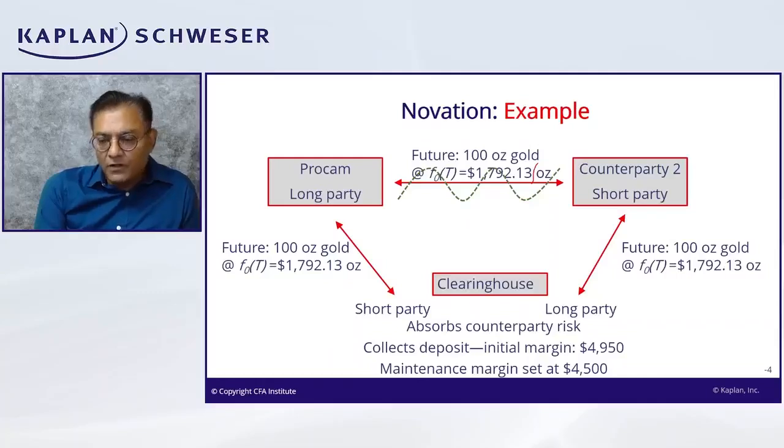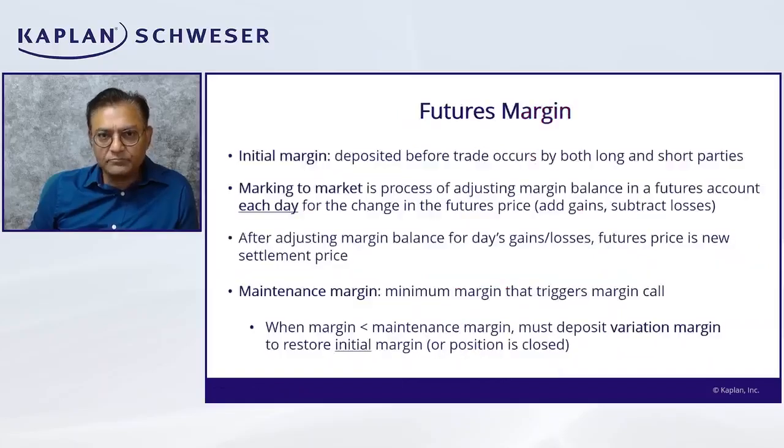If the margin falls below 4,500, then there is an additional deposit needed, depending on how much it falls below 4,500. So the initial margin is deposited before the trade is consummated by the clearinghouse.